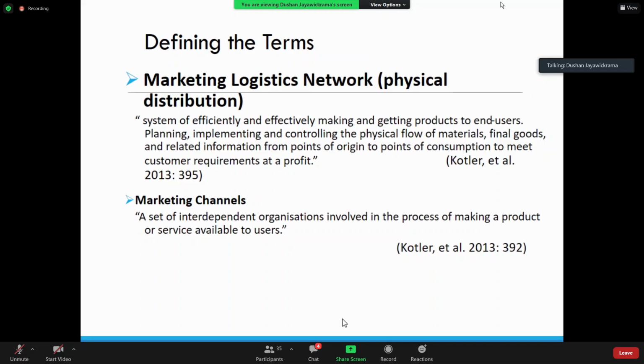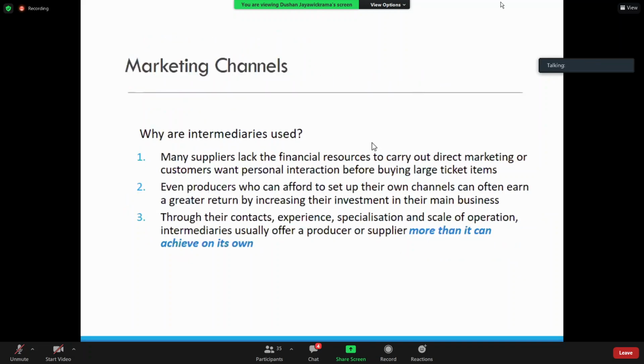Sometimes they can be independent, but what we are mostly talking about is interdependent organizations, because they depend on each other. So in marketing channels, we use intermediaries.